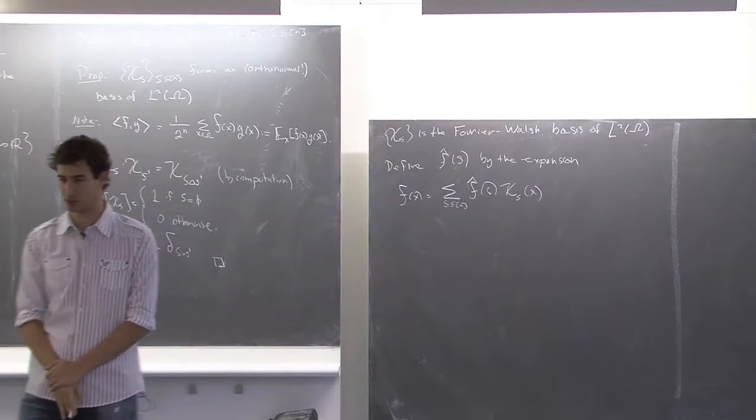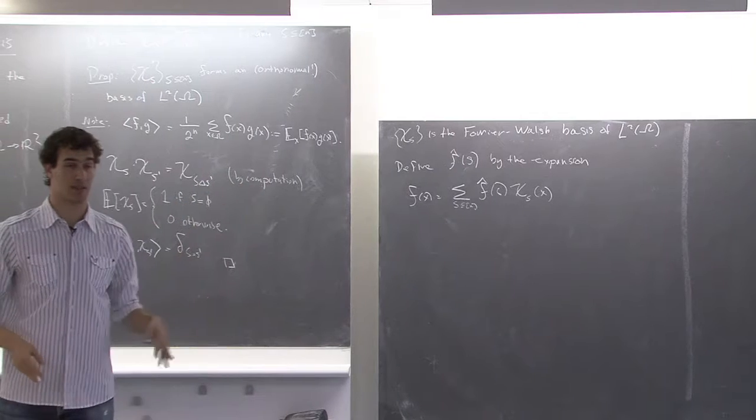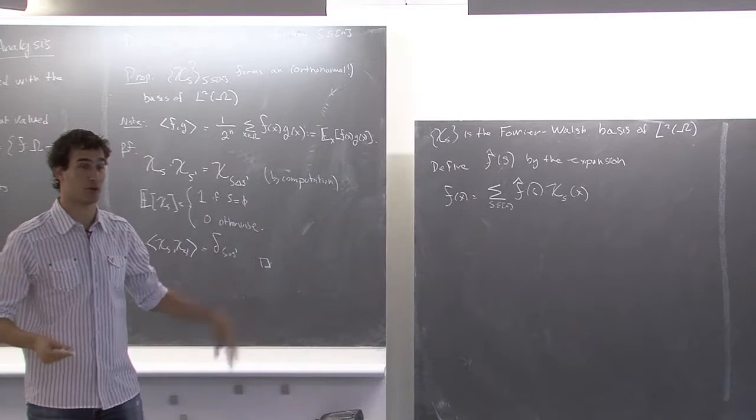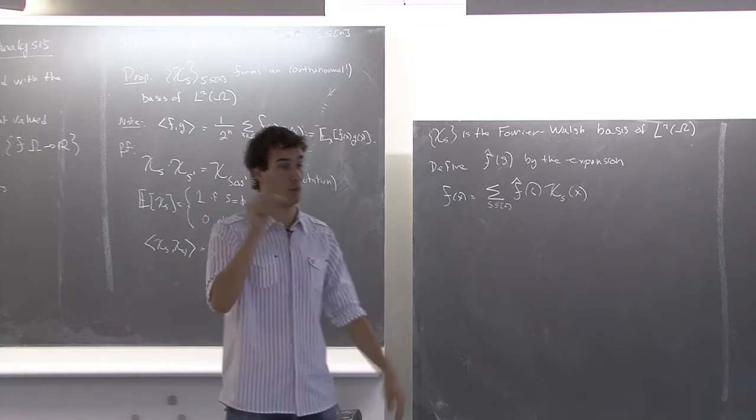Nothing too exciting here. This is pure definition. Of course, that also means that if you'd like to know a particular value, you can just consider the inner product of f with chi-s.